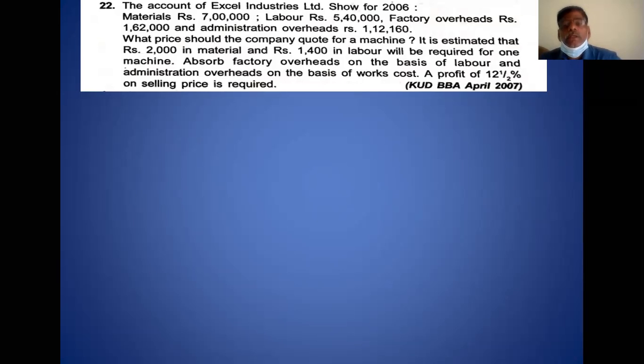On the basis of 2006 information, you have to quote a price for a machine. You have to prepare a quotation for a machine.